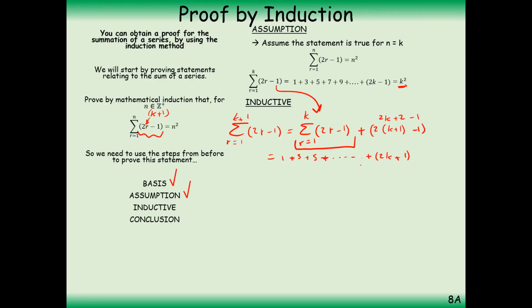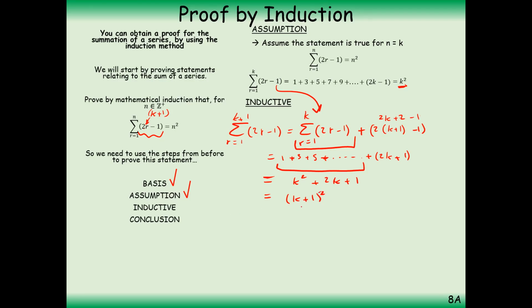So we can rewrite this section as k squared, using our induction hypothesis, plus the 2k plus 1. Now you have to think carefully. This looks like a quadratic form, so we can factorize it, and the factors are k plus 1 times k plus 1.